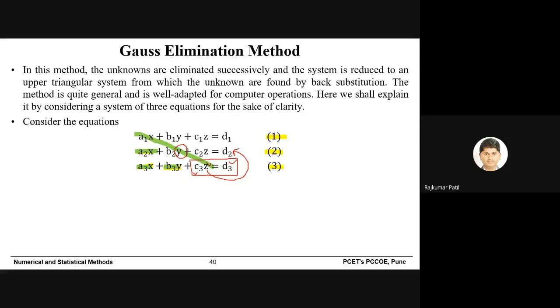Then put z and y in equation number 1. Then you can calculate x if a1, b1, c1 and d1 are given to you. So this is the very simple process to solve such type of problem and get the solution.